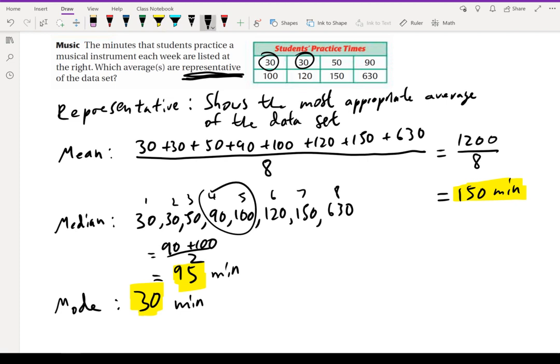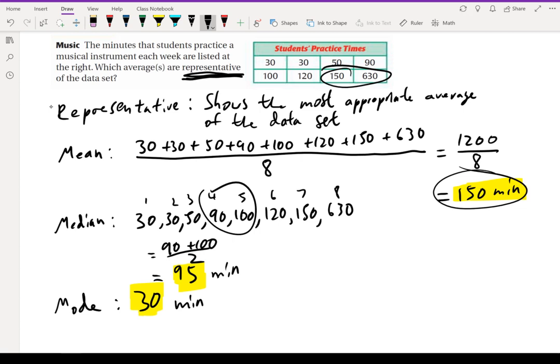Now, the question did say, which average is representative of the data set? That means it shows the most appropriate average. It tells you what is a good example of the average of this data set. Let's look at the first one, the mean, 150. Is that a good average of all the data? Well, if you look at the students' practice times, there's only 2 people that practice 150 or more.